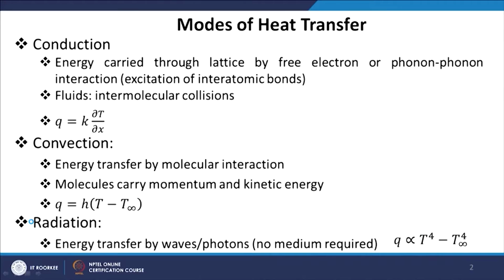Before we discuss the basics of radiative heat transfer, it is important to distinguish the three modes of heat transfer, namely conduction, convection and radiation. If we look into the physical aspects, heat transfer by conduction takes place due to phonon-phonon interaction.